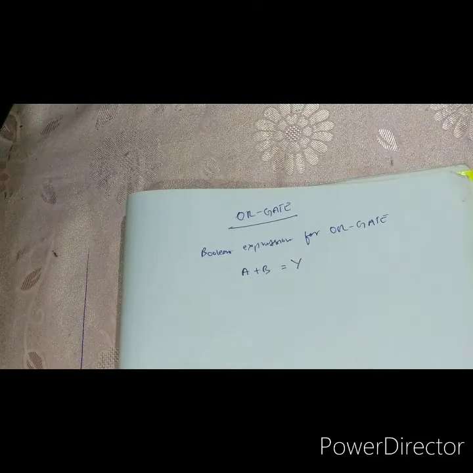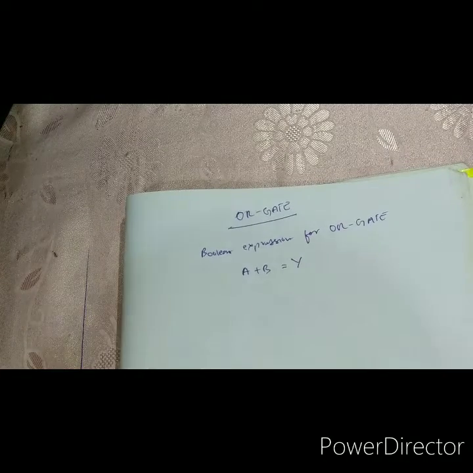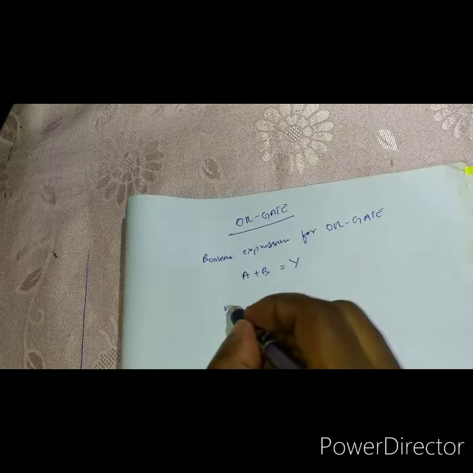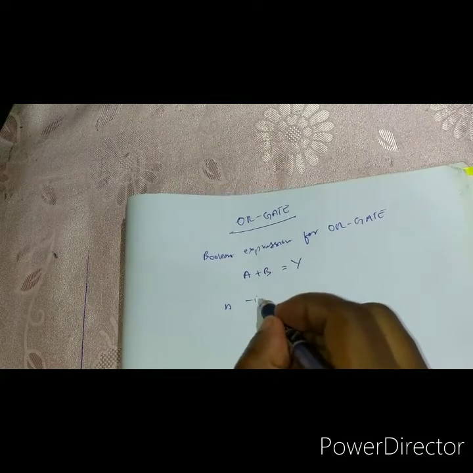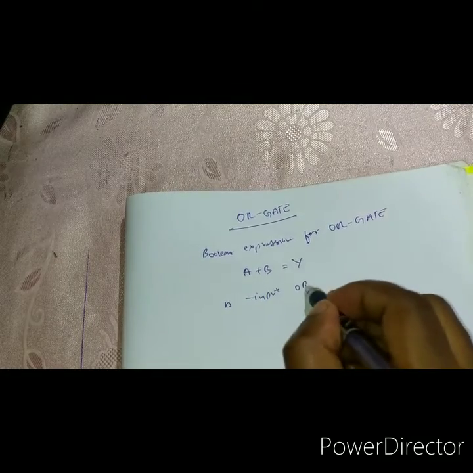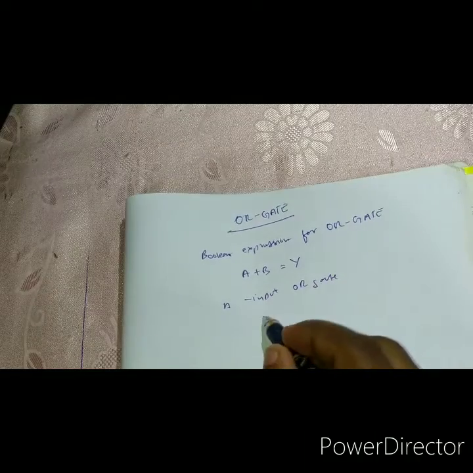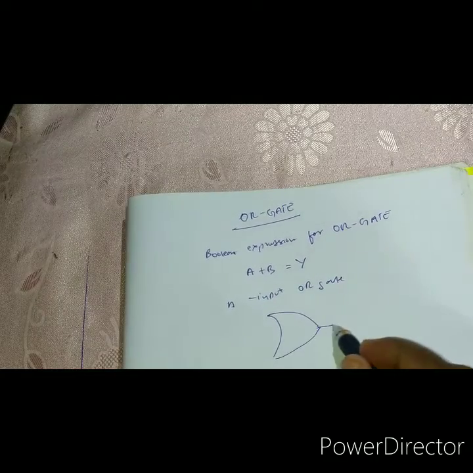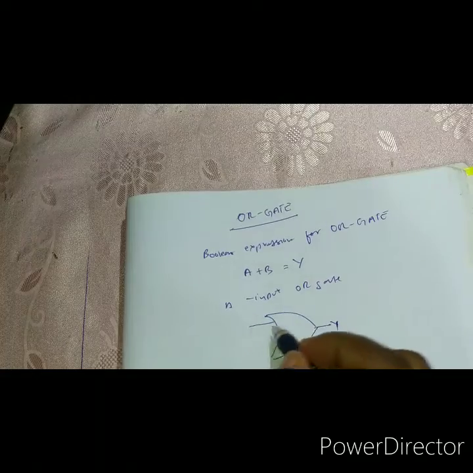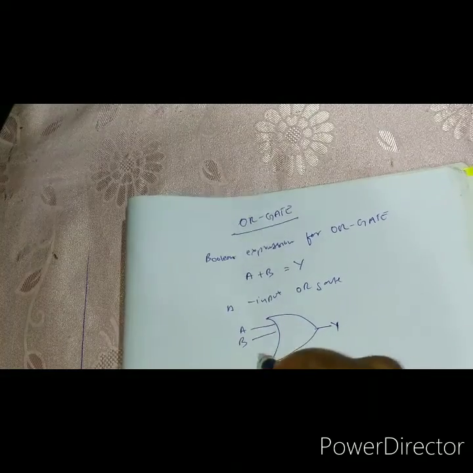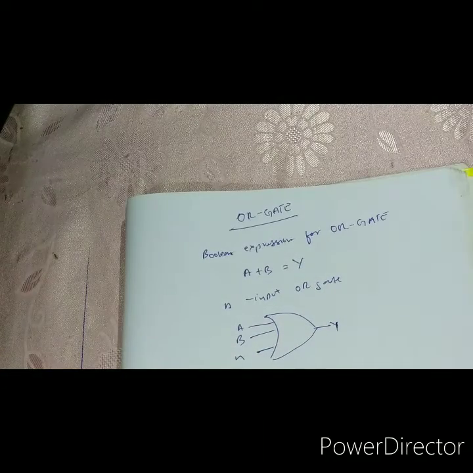The OR gate can have n number of inputs, like for n input OR gate, it may be represented like this. This is Y. It can have n number of inputs, A, B and so on.